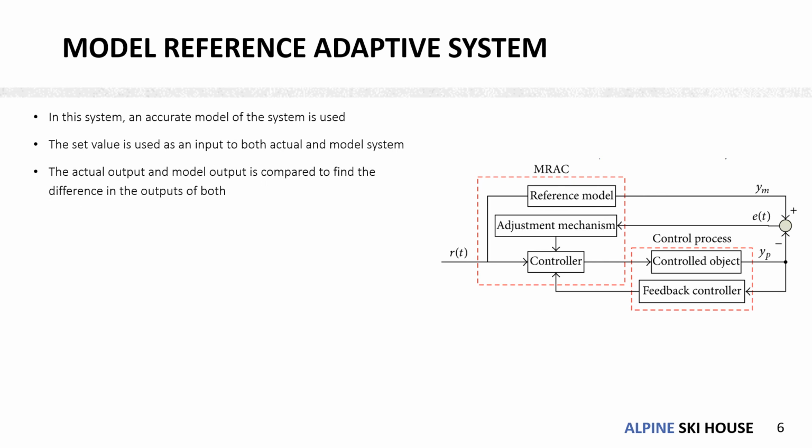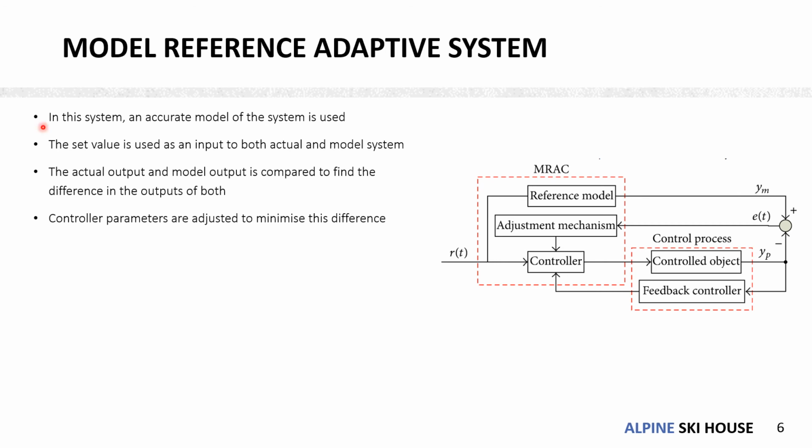From the actual system and the model, we get two outputs, and these two outputs are compared to get a difference. The difference between the two outputs is fed to the adjustment mechanism, which manipulates the control parameters to minimize this difference.